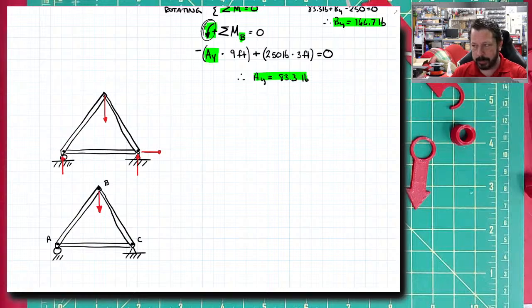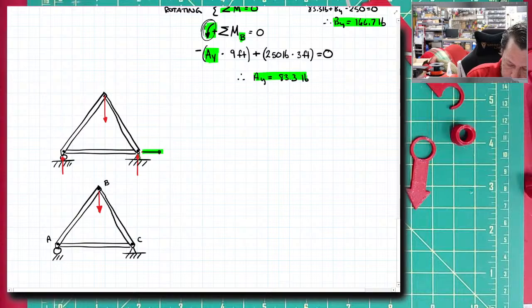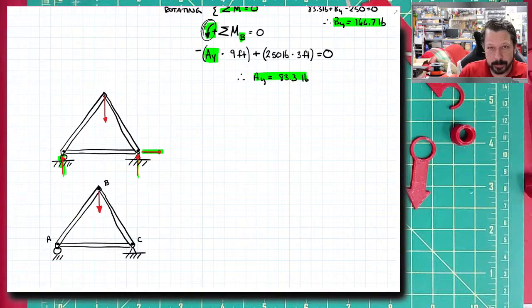Because what you've done with this picture makes it look like these are forces in addition to the forces from the pin and the roller. That's not at all what you meant when you were quickly doing this. You meant those are the reaction forces, but what you're showing is the pin, and then these other forces. So it kind of implies that there are some forces on top of the reaction forces.